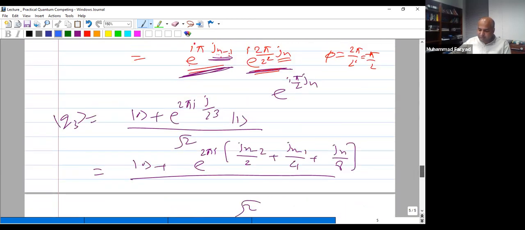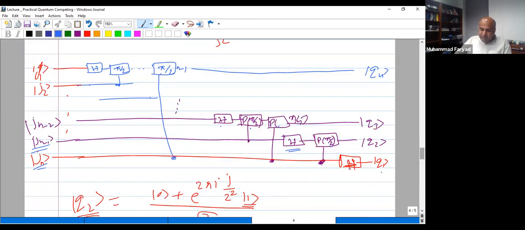So this phase gate is sort of a primitive gate that can be implemented in most of the quantum computer hardwares. Okay, so there's one trouble with this algorithm. We have been able to perform controlled operations on different qubits, but at the end, Jn has been converted to Q1 and Jn minus 1 to Q2. So there's an opposite way the bits are coming out.